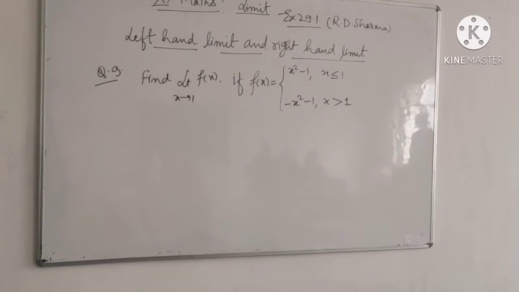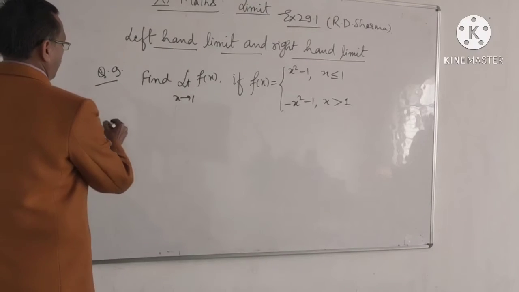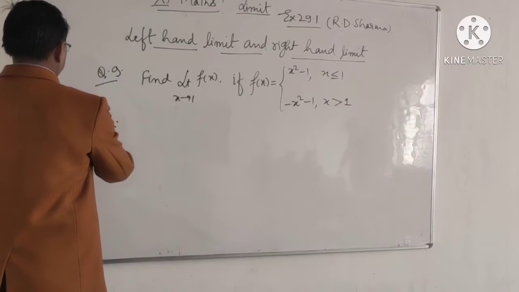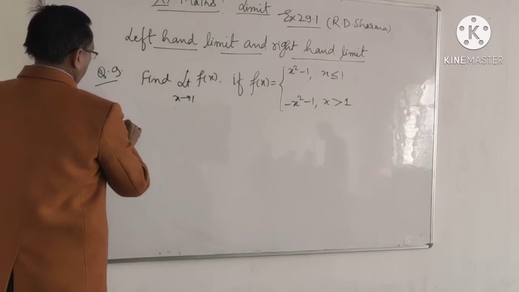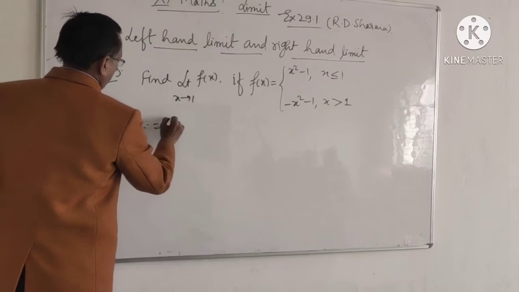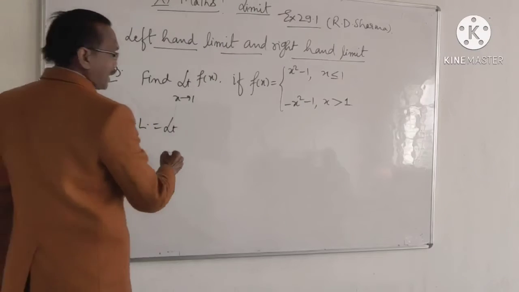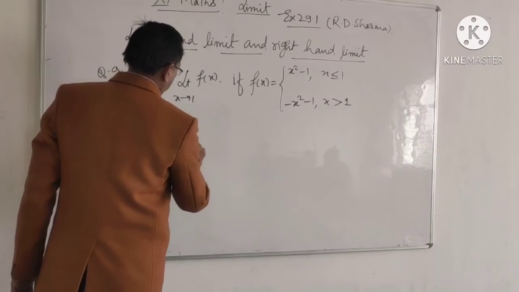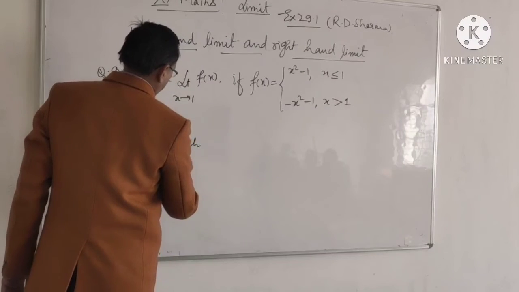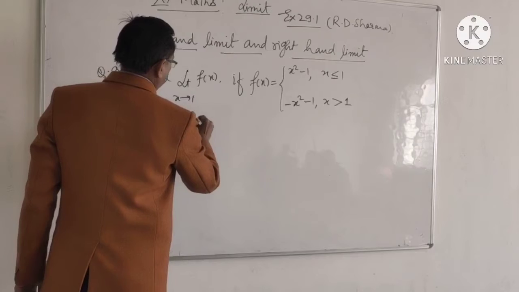Here we will find both limits, left hand limit and right hand limit. Left hand limit equals limit x tends to 1 minus h, h tends to 0, of f(x).